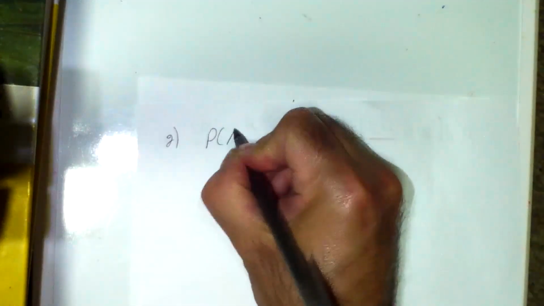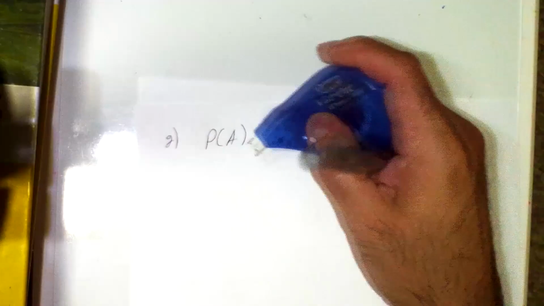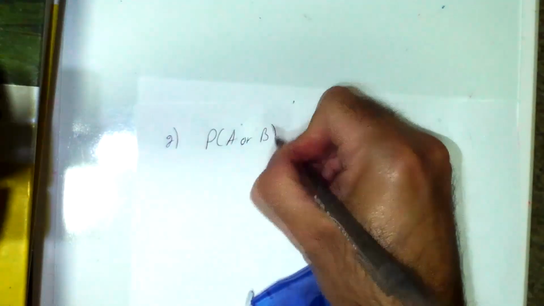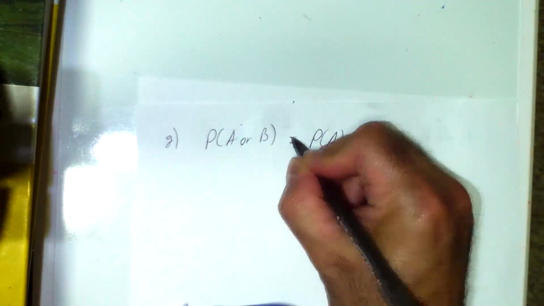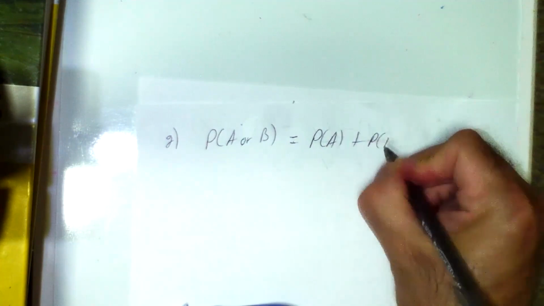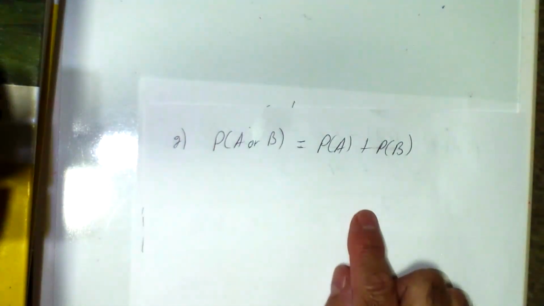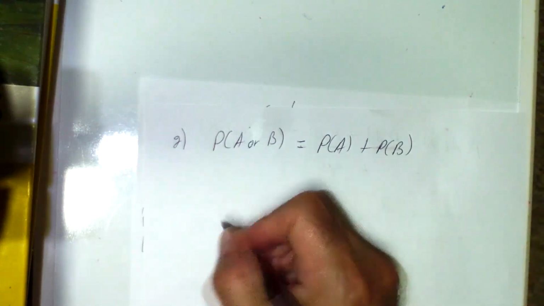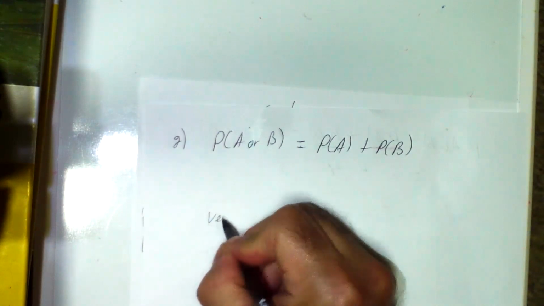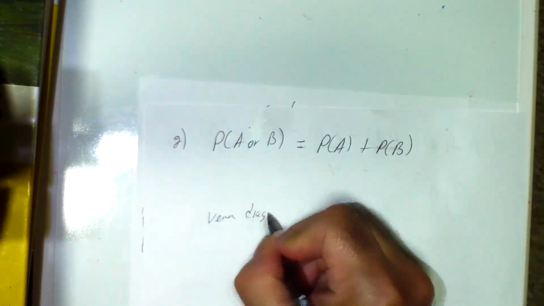Probability of A or B equals probability of A plus probability of B. I gotta draw another Venn diagram. So let's draw a Venn diagram.